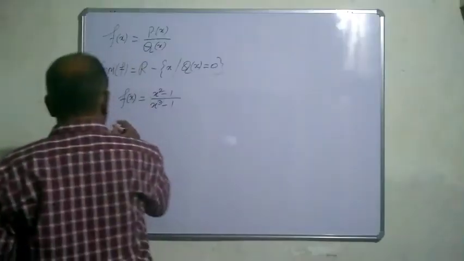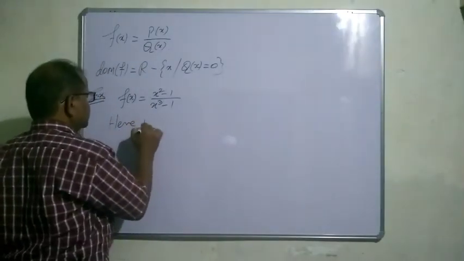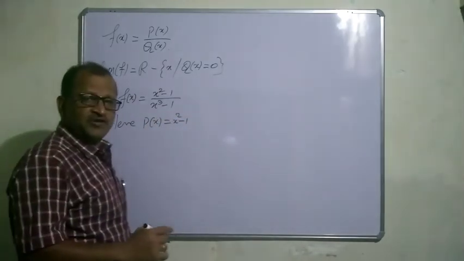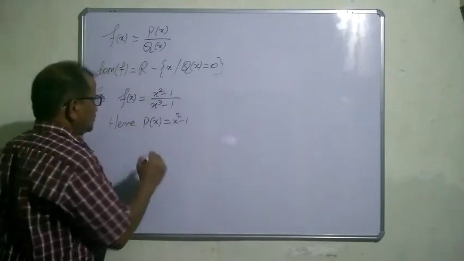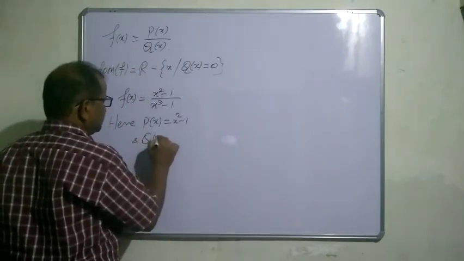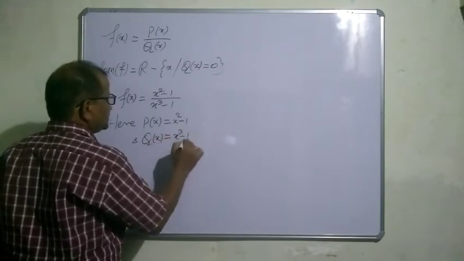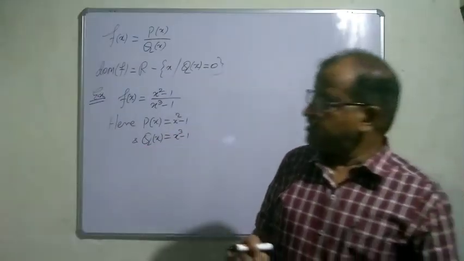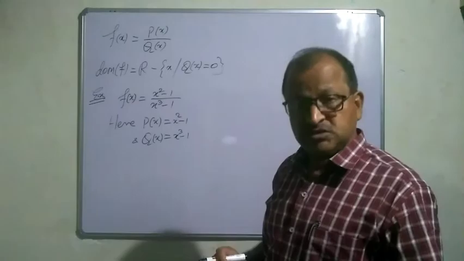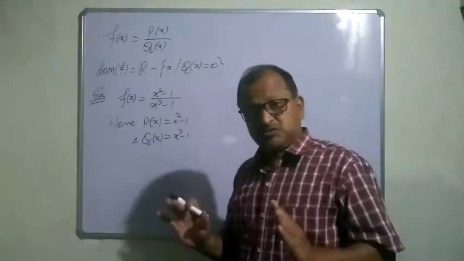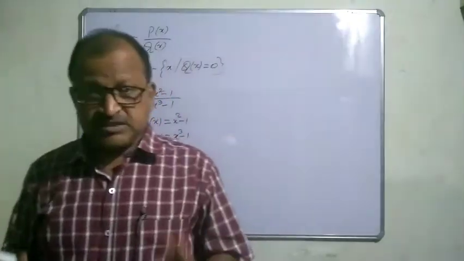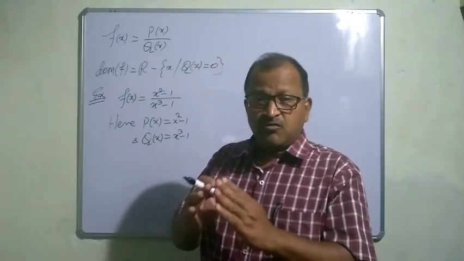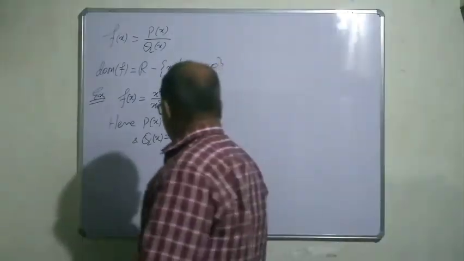Here p(x) is equal to x square minus 1, which is a polynomial of degree 2, and q(x) is also a polynomial whose degree is 3. Now let us see where q(x) is equal to 0, because at those points your rational function is not defined, so those points will not be in the domain of the function.